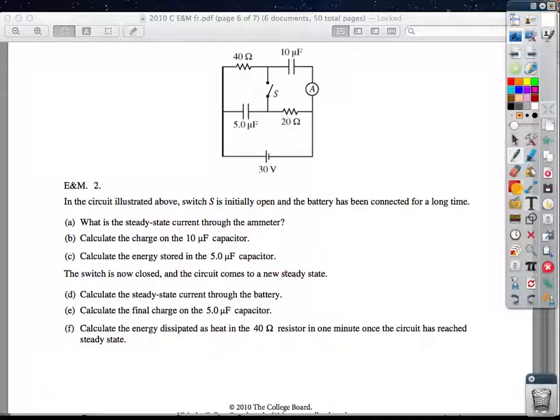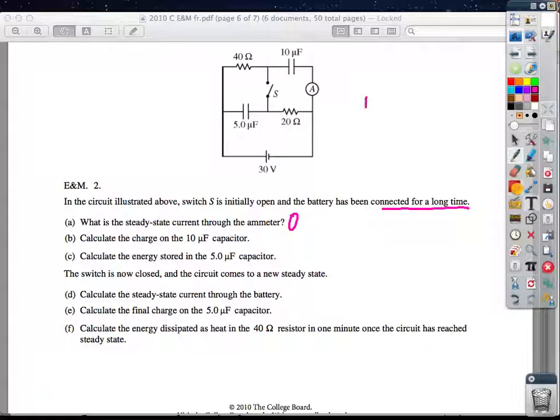All right, so for this, first, what's the steady state current through the ammeter? That should be obvious, 0, because this path has no current. Right? Especially if it's been connected for a long time. Hopefully you realize that if you just turned on the switch, there would be some current, because these capacitors are filling up.